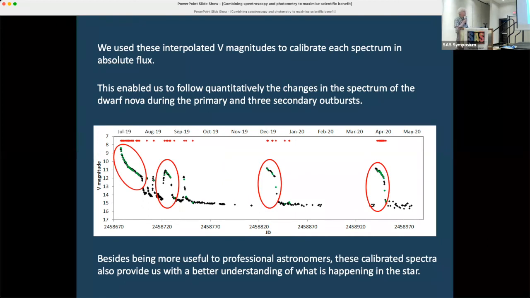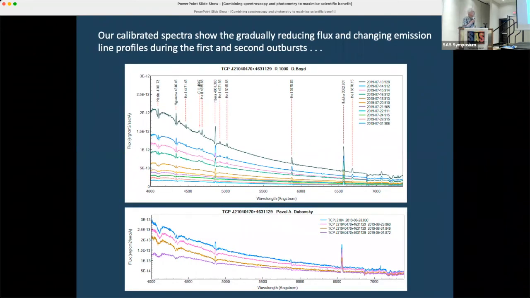Next slide, please. So what I've shown you here is the results of the analysis that we got by calibrating these spectra for each of the 4 outbursts that I circled on the last slide. In each one I've just taken the spectra from one observer in each case, just to ensure as much consistency as possible. But in the top plot, you can see the spectral profile, spectral energy distribution, from that star as it gradually faded from the first outburst.